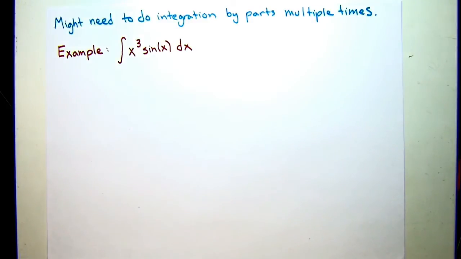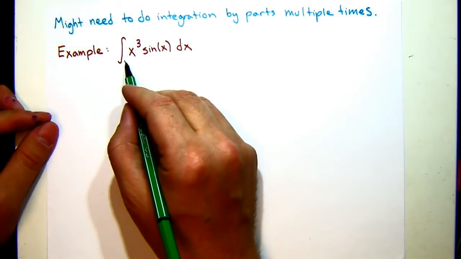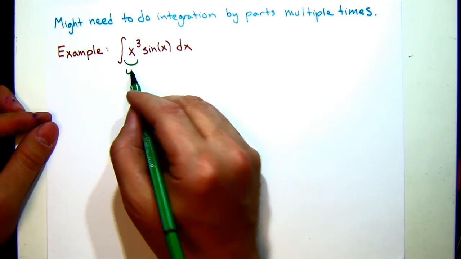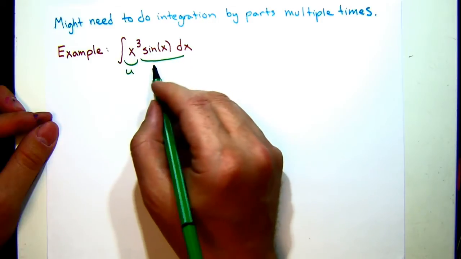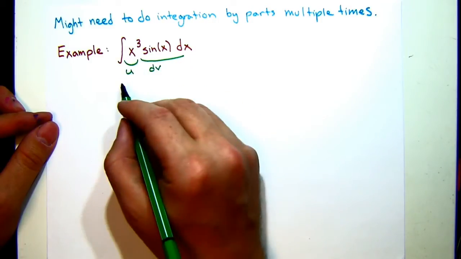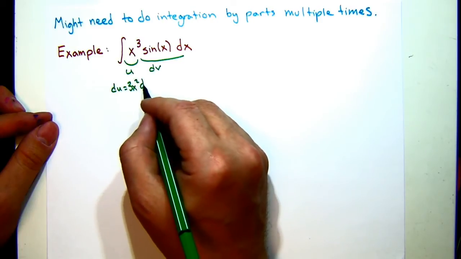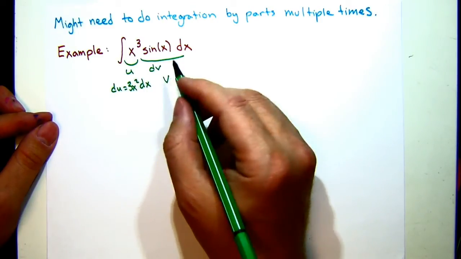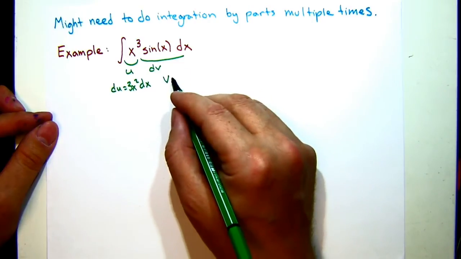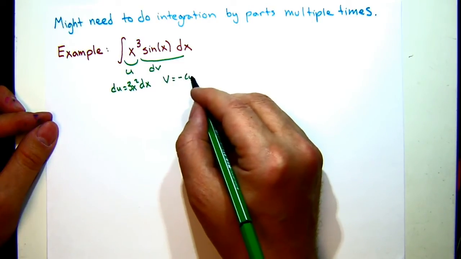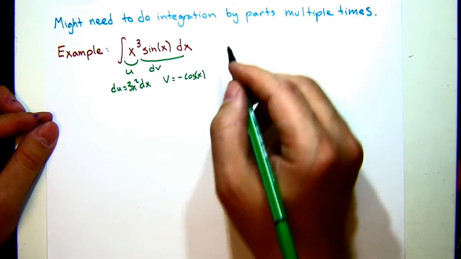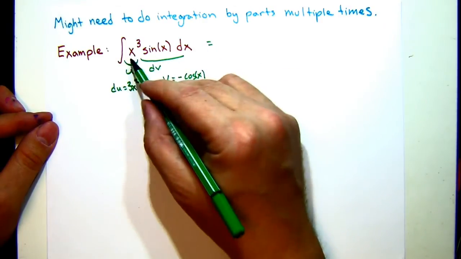So differentiating x cubed, it's sort of grinding away, wearing it down until it finally says, okay, fine, I'm out of here. So here, an ideal substitution to make is to let that part be u, and let that part be dv. du is 3x squared dx, and v, antiderivative of sine, is negative cosine.